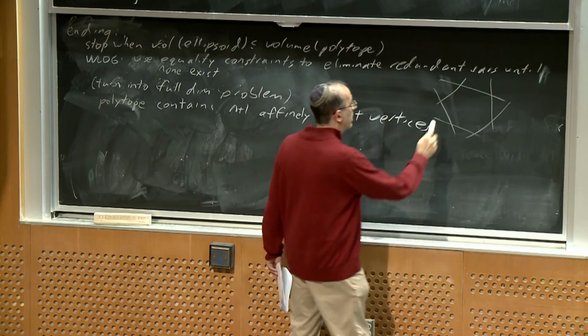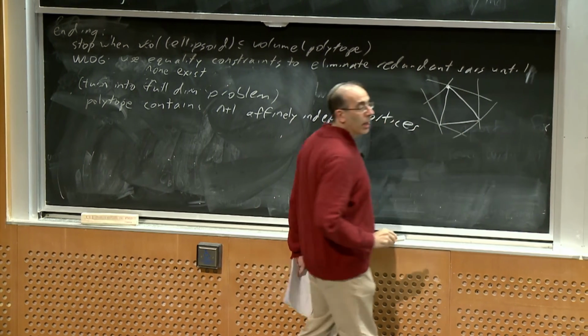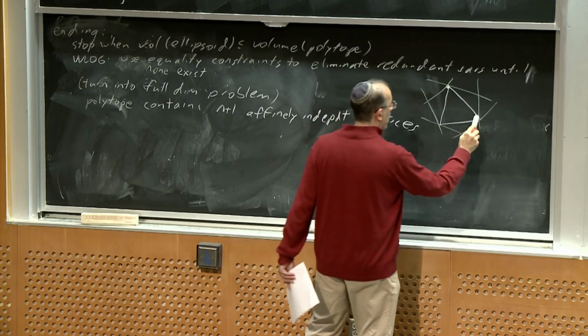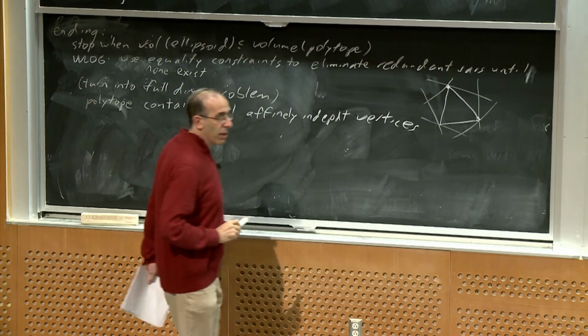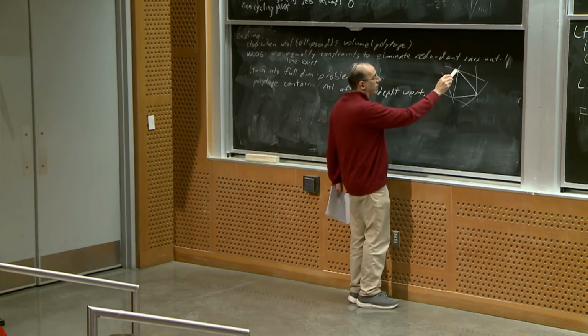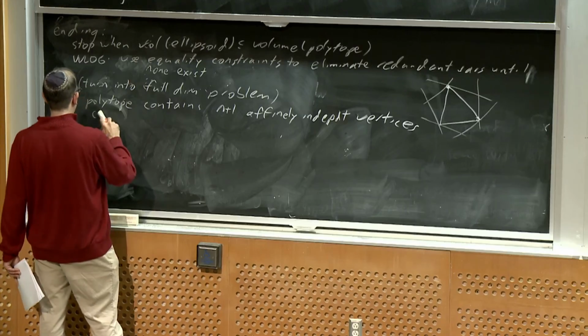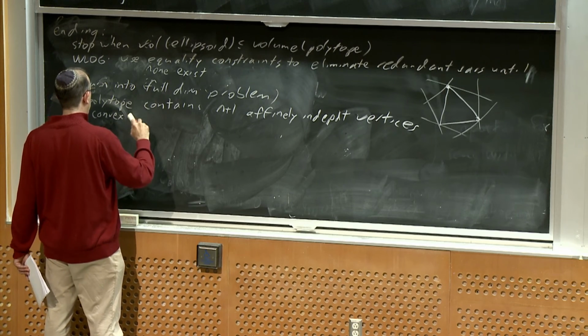Okay, so what this is basically saying in 2 dimensions, you have 3 vertices that are not affine combinations of each other. And this defines a very simple polytope, which is the convex hull of n plus 1 vertices of the original polytope.